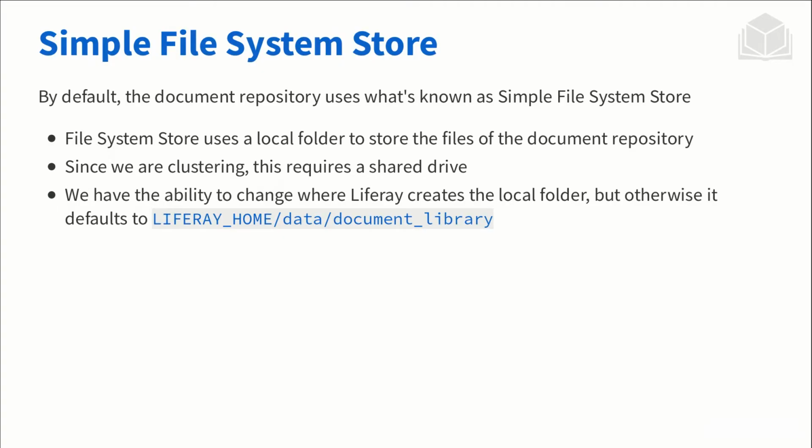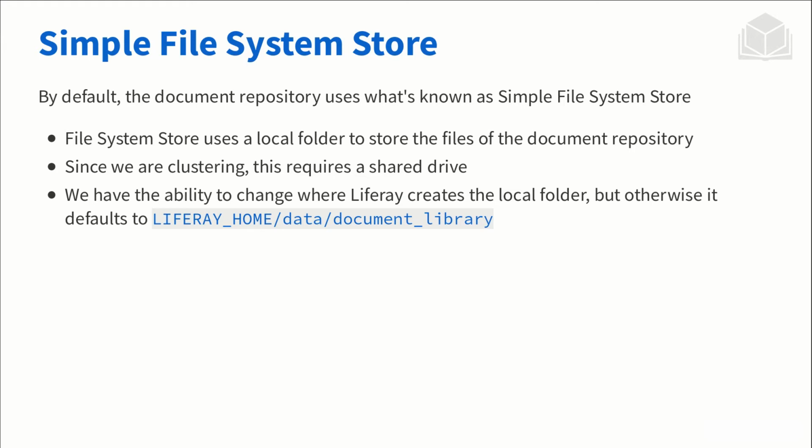The default is the simple file system store. I've covered that earlier. The simple file system store will store all of the documents in one directory. I think physically it's all of the documents of one site in one directory, and there are only two file systems these days that I trust to handle all kinds of load with a bunch of files in a single directory, and most of them I never see in production.